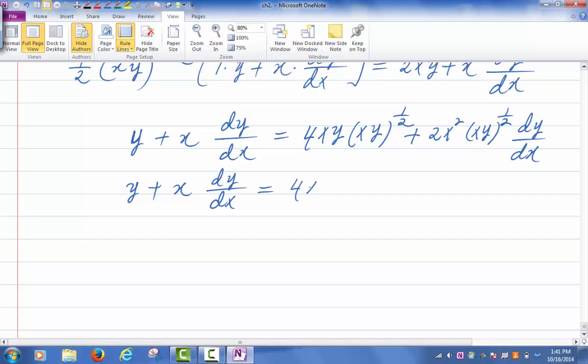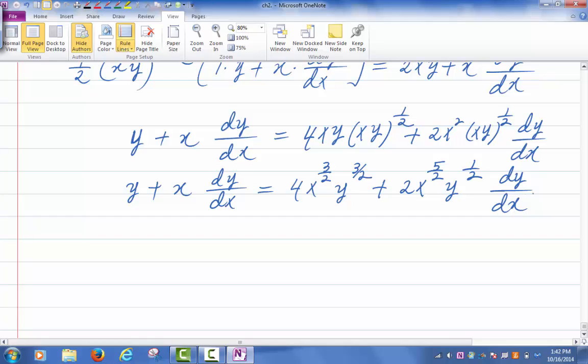I could write this expression as x to the what? 3/2. And also y to the 3/2 in a similar way, plus in the second term I can combine x squared with x to the half, which would be x to the 5/2, and then I also have y to the half dy/dx.